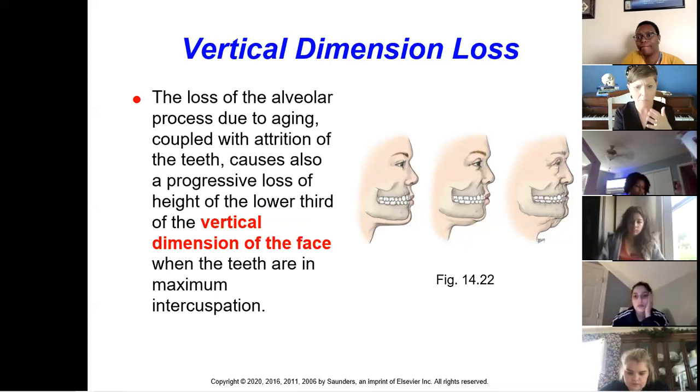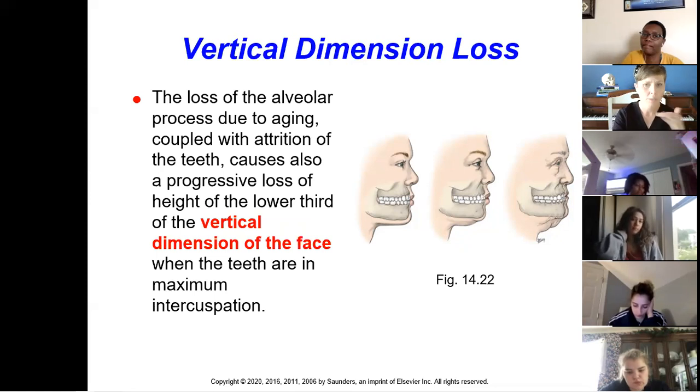I think somebody made the comment the other day when we were talking about the kid from Stranger Things, that he doesn't wear his dentures during filming, so you could definitely tell there was something going on, but you didn't realize that's what it was, right? So they start to lose that bone, and the vertical dimension of your face changes.